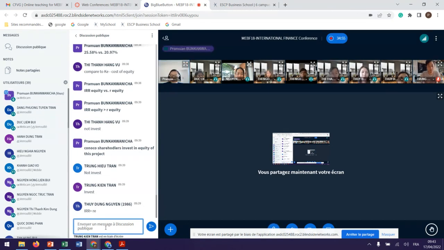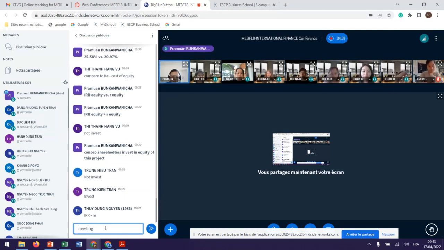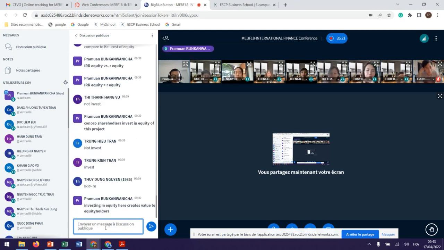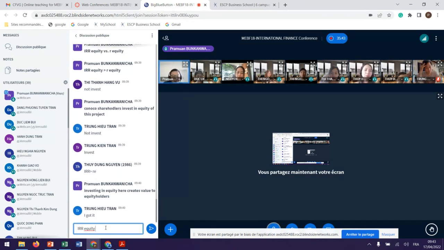It means investing in equity here creates value to equity holders. I'm talking about investing in equity, meaning that you invest in the project that has 60% leverage. That is how you interpret IRR equity, which is bigger than the R of equity.